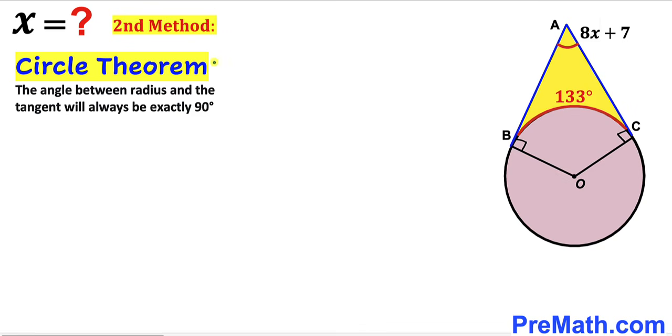Let's recall the circle theorem: the angle between the radius and the tangent line will always be 90 degrees. So this angle is 90 degrees, since this is our radius and this is our tangent line, and likewise this angle is 90 degrees as well.